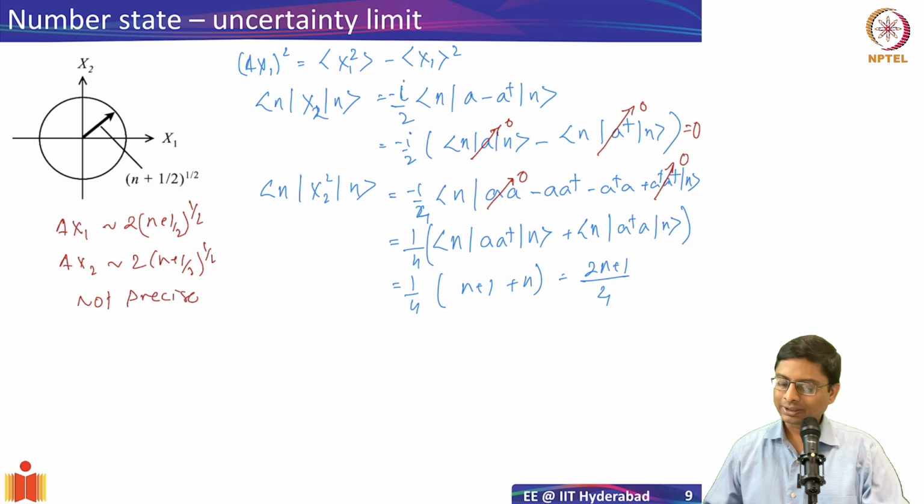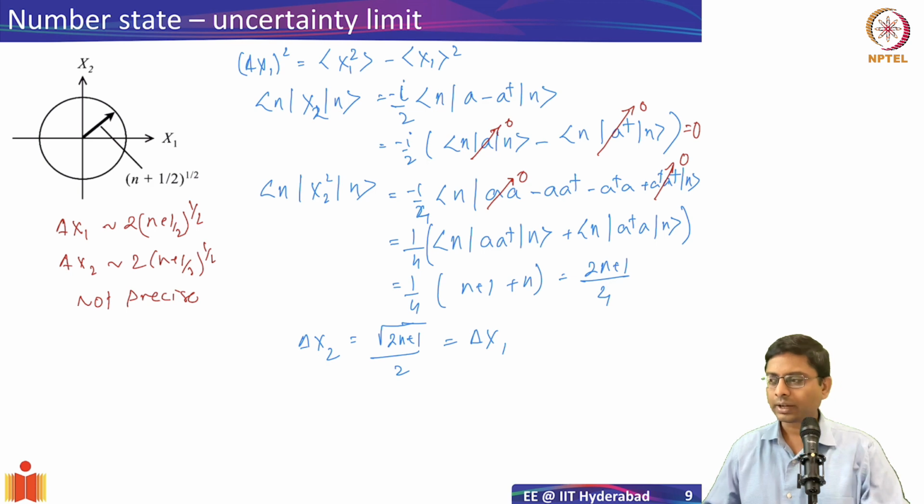Similarly, now my delta x is going to be equal to how much? If I jump steps, delta x2 is going to be equal to square root of 2n plus 1 divided by 2, and that is also equal to delta x1. Okay.